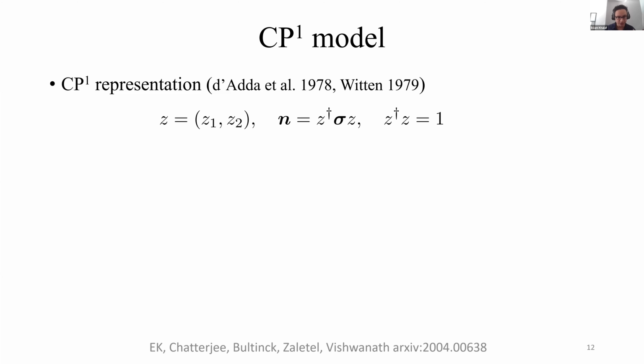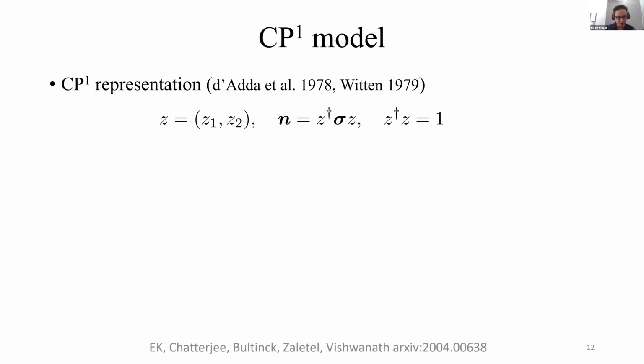This gauge redundancy would be captured in the field theory by introducing a U1 gauge field, a dynamical gauge field. When we introduce it, it's tied to z, but we expect at low energy that these two would be decoupled. Anyway, the low energy theory reproduces this constraint, so we don't need to enforce it.